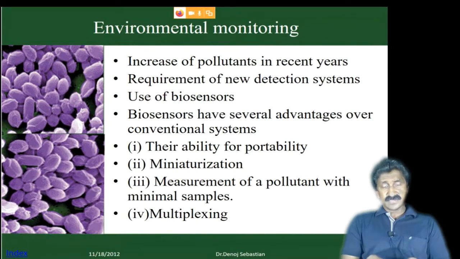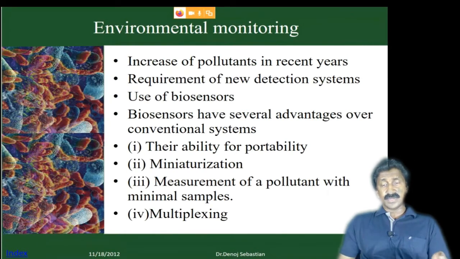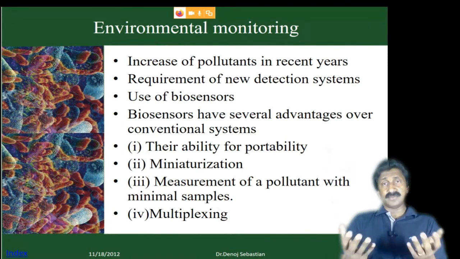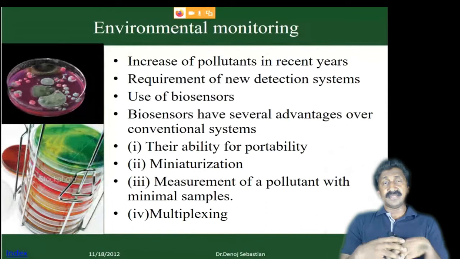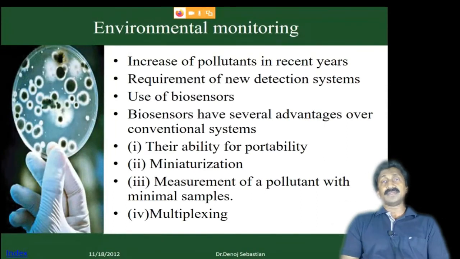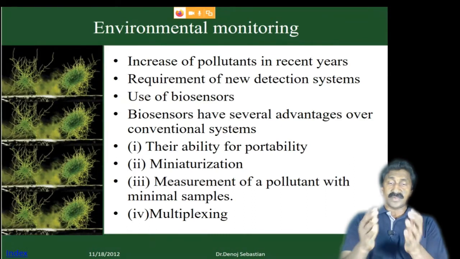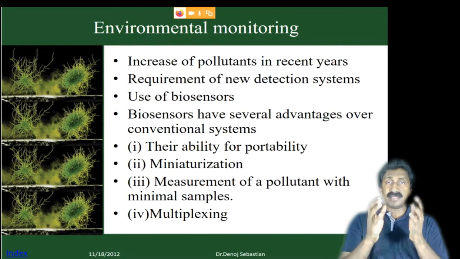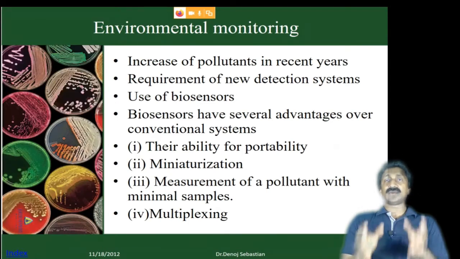So in that case, it didn't work out, because by the time you identify it, the pollutant may have entered its targets. So for effectiveness, you require a rapid method of detection of the environmental pollutant.